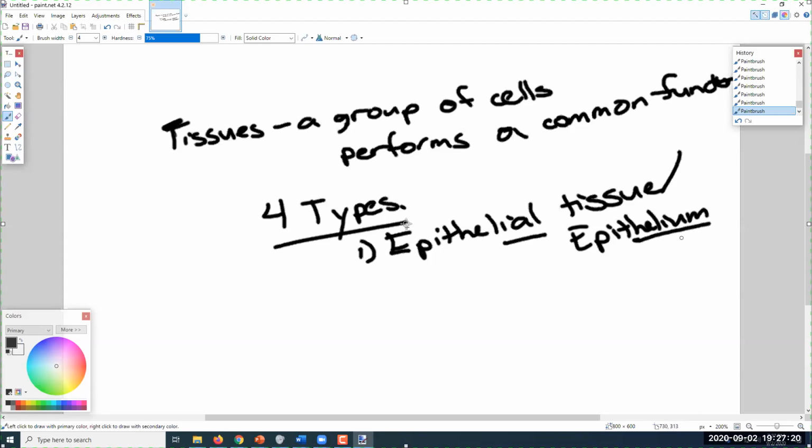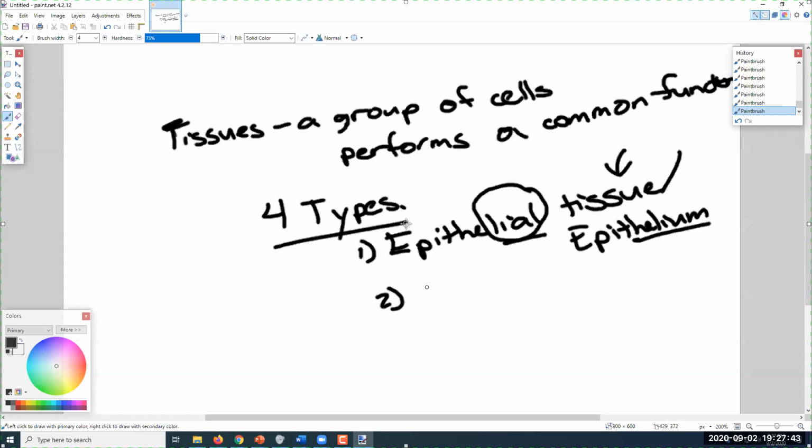And this one is a noun. Okay, so that's the difference between the two. If you were to use epithelial, since it's an adjective, you must have the tissue part of it as well. Okay. So make sure you do it one way or the other. Either one's fine on the exam, or on the quiz, lab quiz 1.